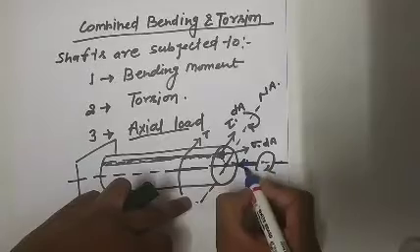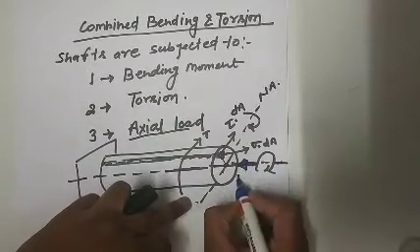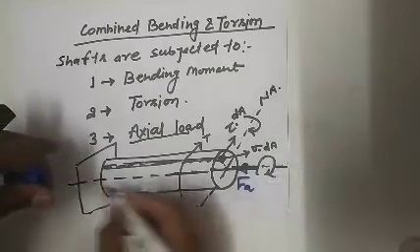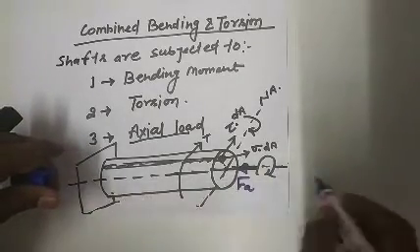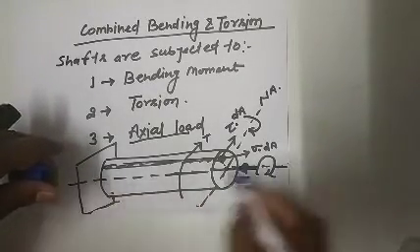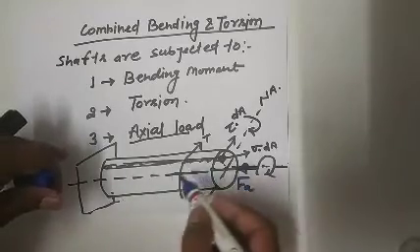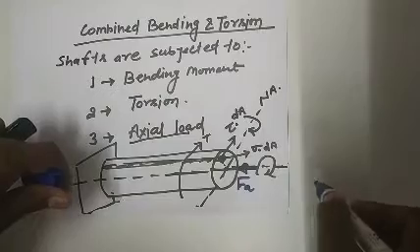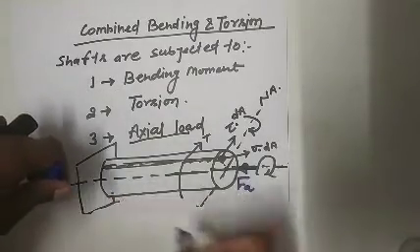This is the axial load Fa, the load acting along the axis of the shaft. If we are saying that it is axial, that means this force is acting along the centroidal axis of the shaft.